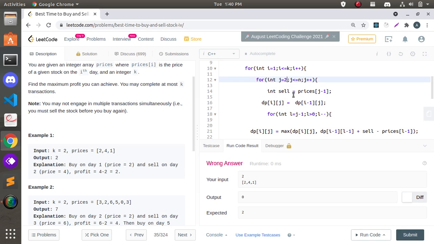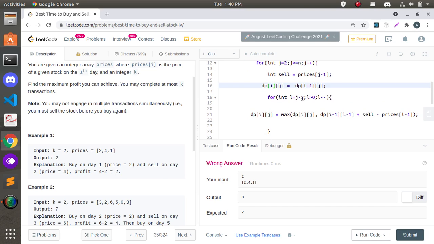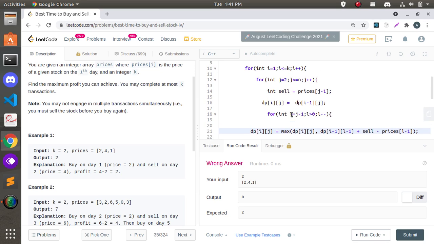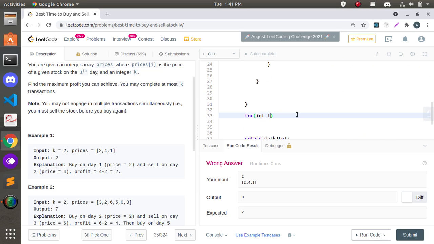And if j is at 2, then you have to take from index 1, right? For the i minus 1 transaction, j greater than 0, i j minus 1, fine. So if you take l, l minus 1 is fine, plus l minus 1. I think it's right. Let's check whether it is wrong.